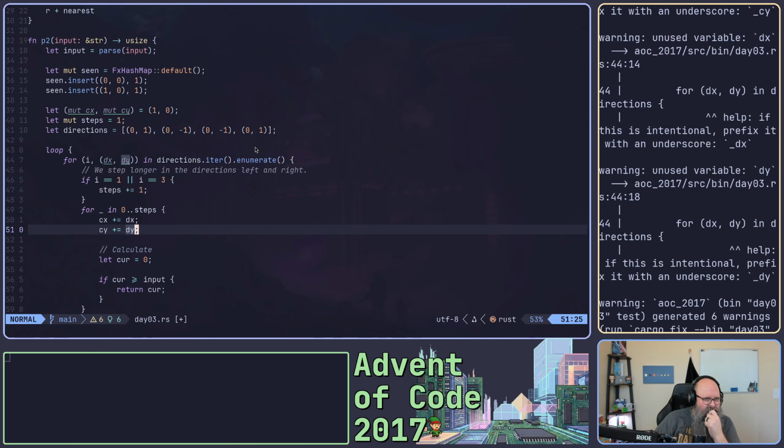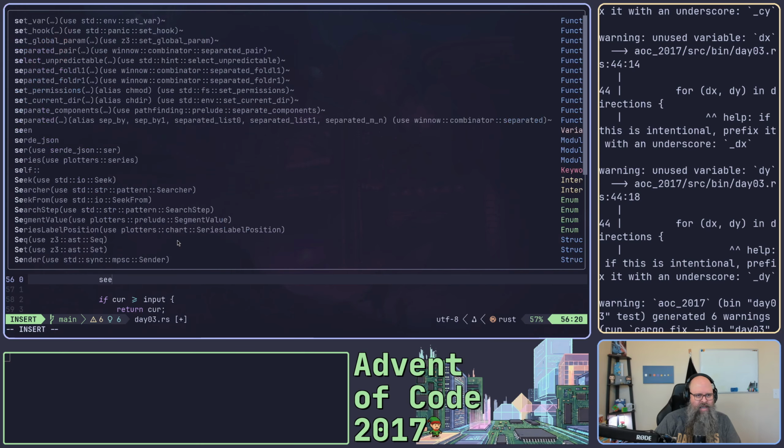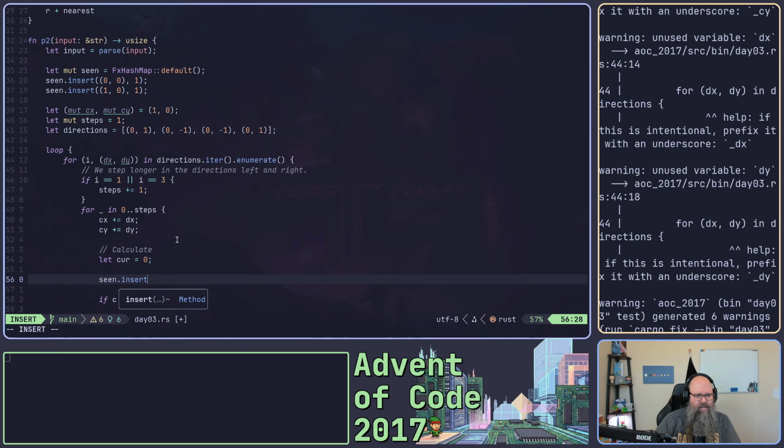All right. And then we just need to calculate the values and then insert it. So we're saying dot insert (cx, cy), like this.